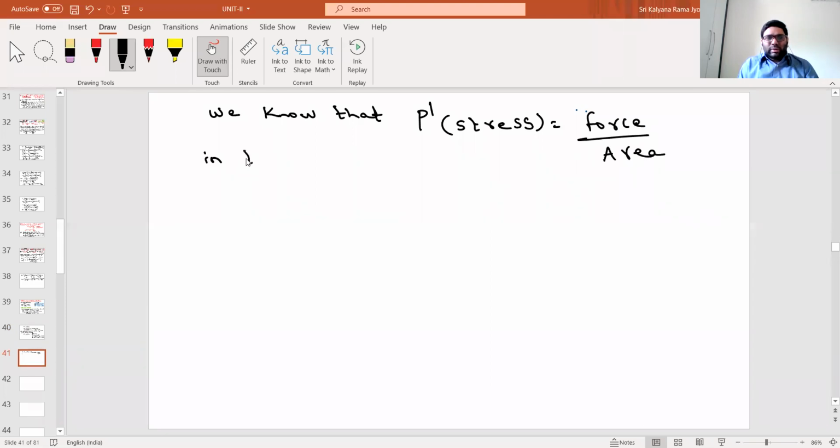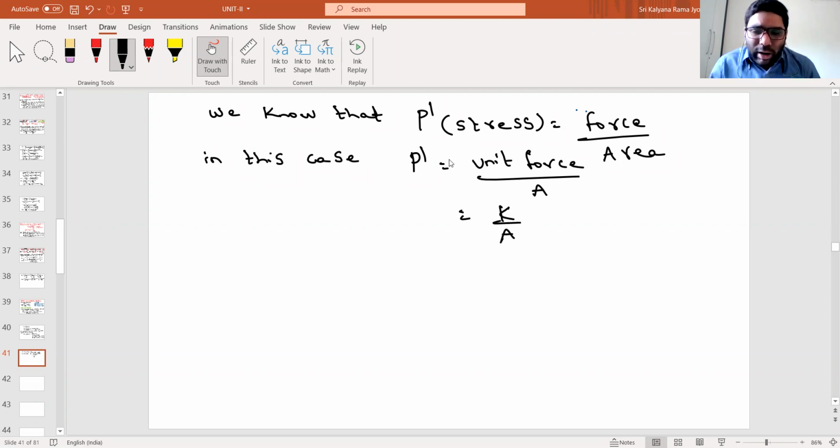In this case, P dash is equal to unit force by area, that is equal to K by A. So we have introduced a term called K, which represents the force in the member due to unit load.